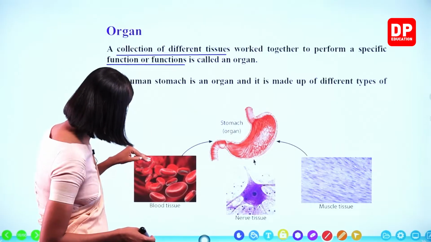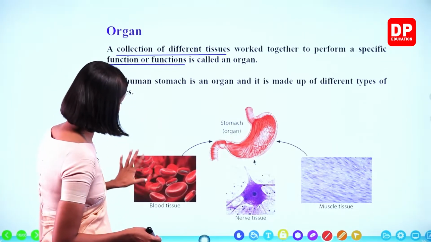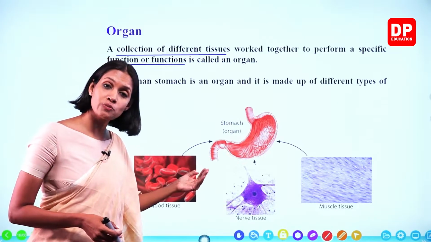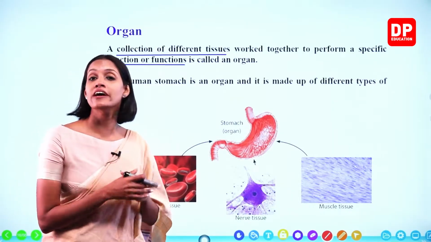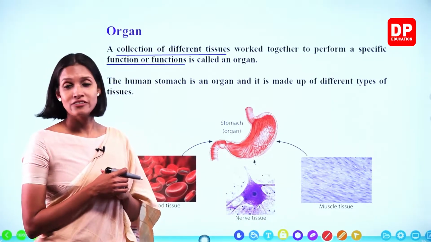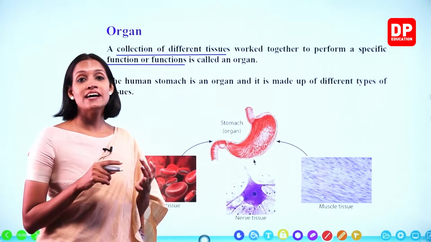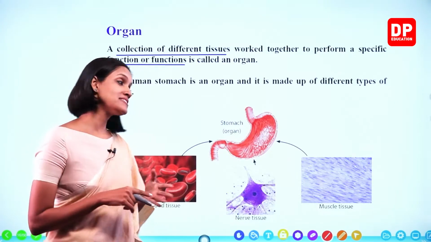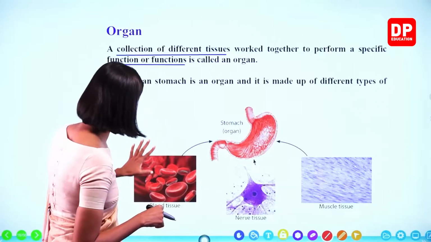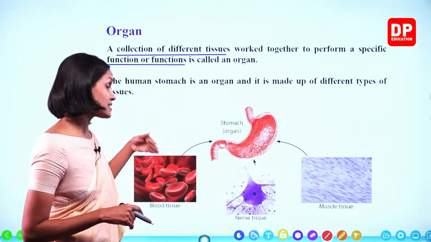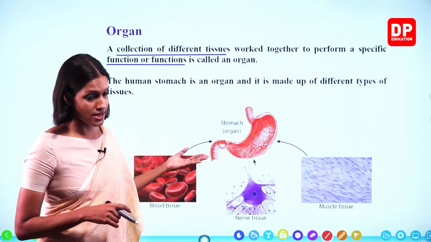So what are these tissues, children? Here is blood tissue. We learned that blood tissue is made by combining different types of blood cells, right? Red blood cells are there, platelets are there, white blood cells are there. Therefore, blood tissue is made as a collection of different types of cells.